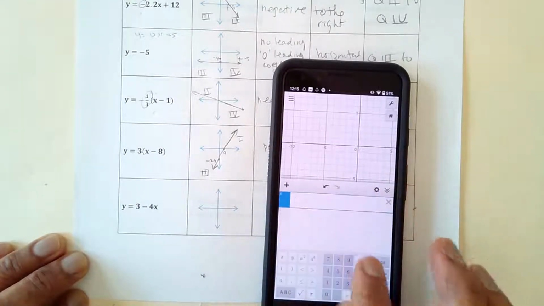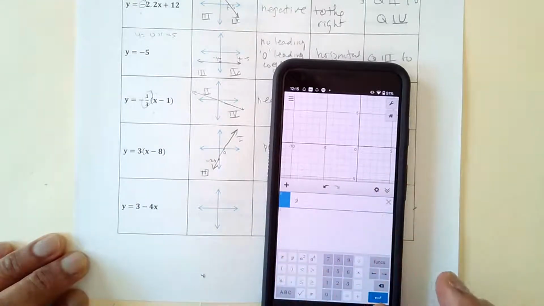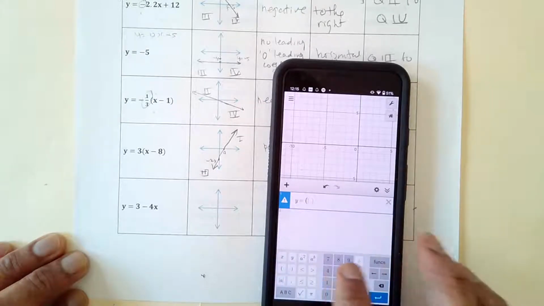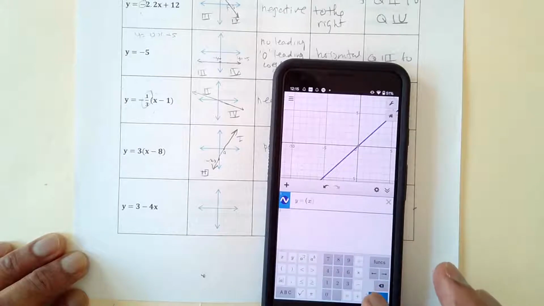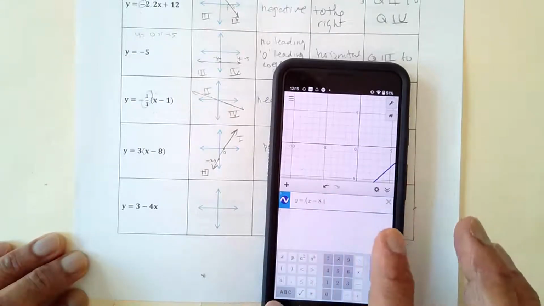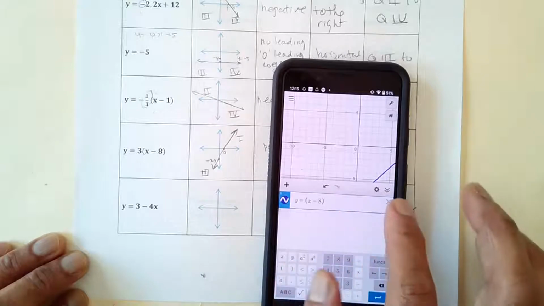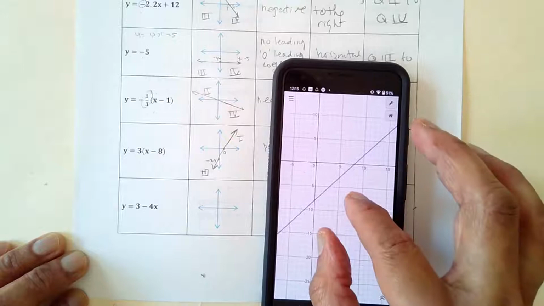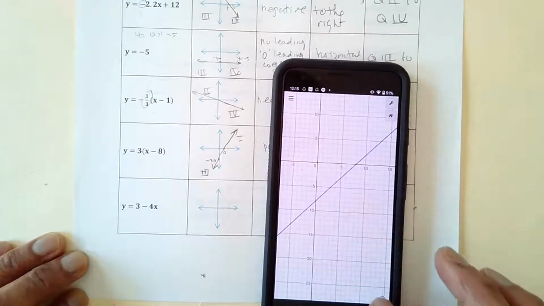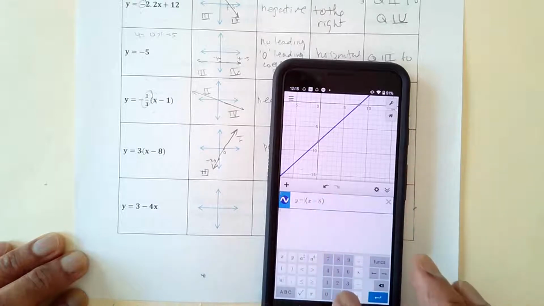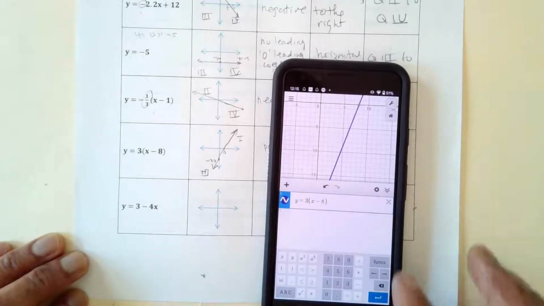We have y equals, open bracket, x minus 8, close bracket. And now, did I do that correctly? No, I did not put my 3 here. There we go.